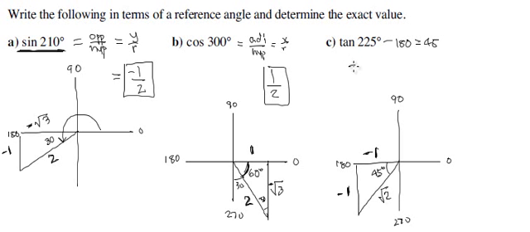So the tan ratio is either opposite over adjacent, or if you'd rather, it's y over x. Y over x would be negative 1 over negative 1, which simplifies to 1. And if you grab a calculator and do the tangent of 225, 1 is indeed what will come out.